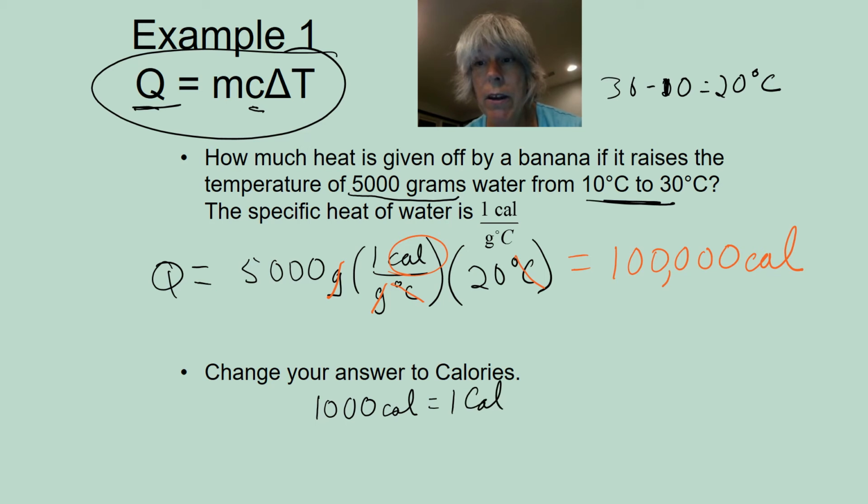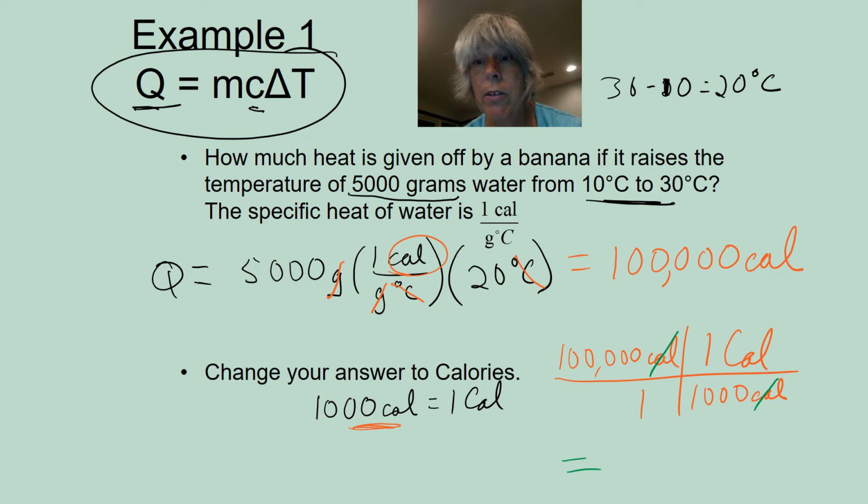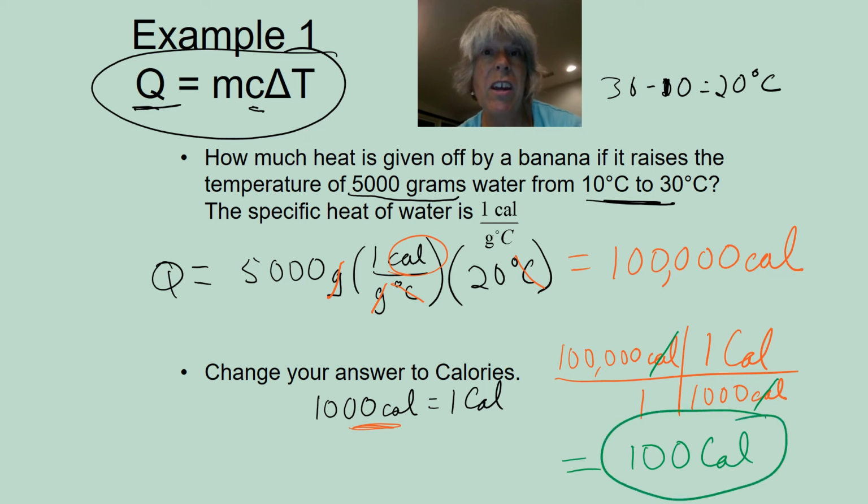So we take our 100,000 calories and using our conversion factor, I want to put the 1,000 calories on the bottom because those are little c calories, so those will cancel, and my 1 capital C calorie on the top. We cancel little c calories, and my final answer, 100,000 divided by 1,000, is 100 food calories. Or if you were in England, you'd say 100 kilocalories because you leave it in kilocalories.